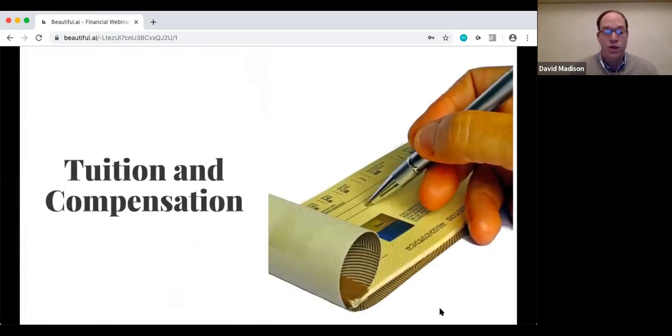Tuition and compensation, no surprise there. What's the weighted average tuition per student? We think that the weighted average is a more important piece of information than the average tuition. Basically, the weighted average is just taking a look at how much income we have at all the different levels of tuition.